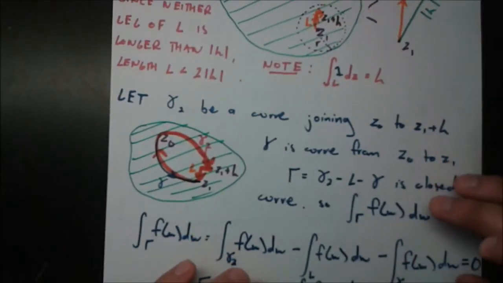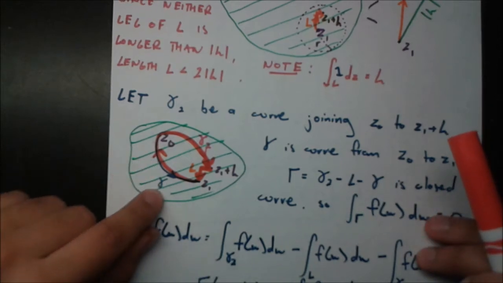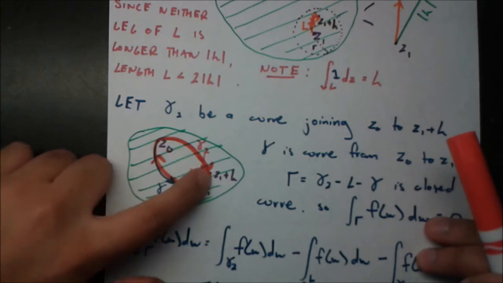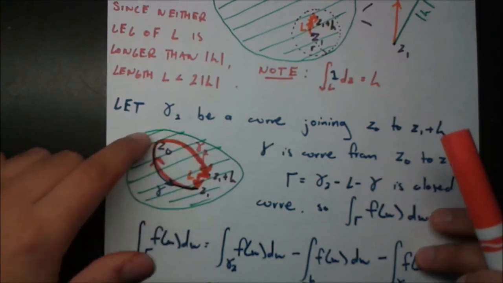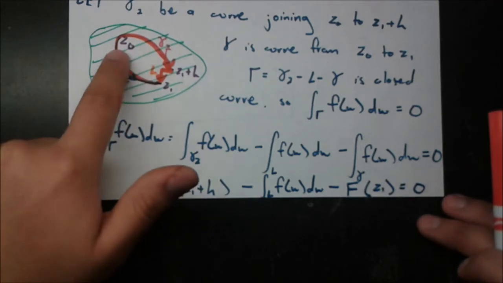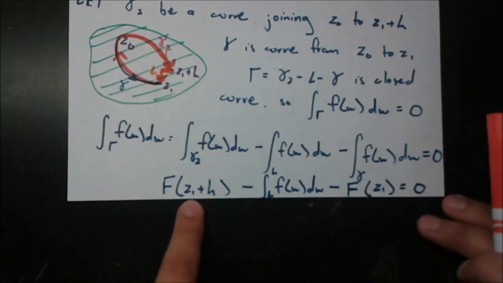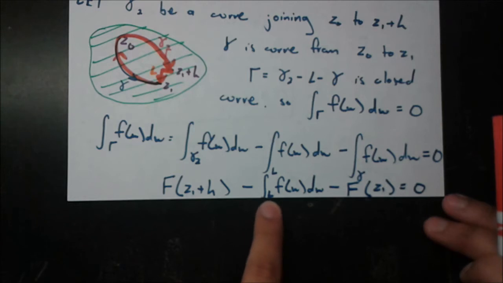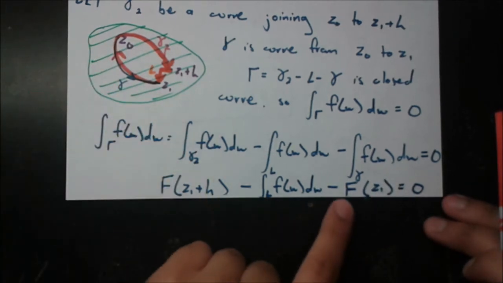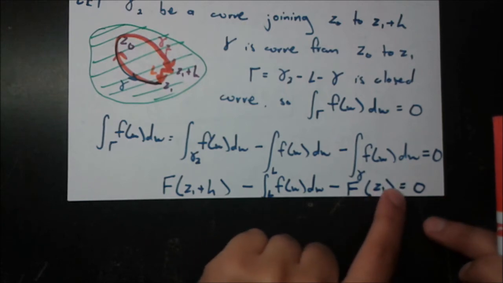And notice that two of our curves satisfy that criterion, because gamma was the curve from z0 to z1, and gamma 2 was the curve from z0 to z1 plus h. So they can both be framed in terms of the big F function. So gamma 2 was the curve from z0 to z1 plus h, so it's F of z1 plus h. This we just leave as is. And this gamma was the curve from z0 to z1, so it's going to be F of z1. And again, that all equals 0.